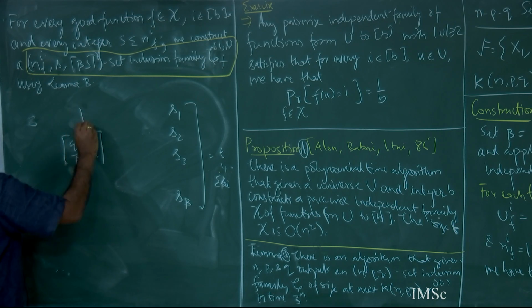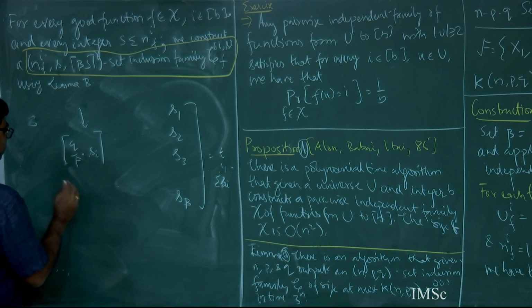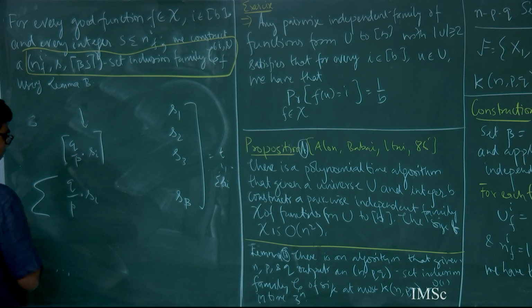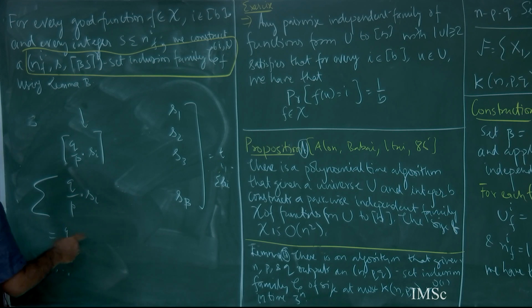In the ith box you will cover q by p times si. If you forget all this ceiling and floor, then this is how much you will cover. If you take q by p out, what you will cover is like t.